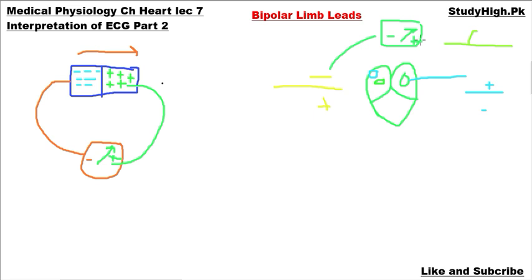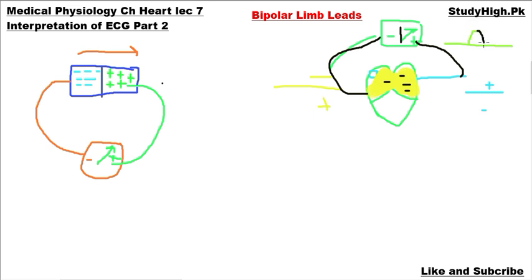When the action potential moves from the left atrium to the right atrium, all right and left atrium muscles will be in depolarized form and will carry negative charges. When you connect this equal-potential right and left atrium with the electrocardiograph, there will be no deflection by the electrocardiographic meter, and our P wave will reach the zero level.